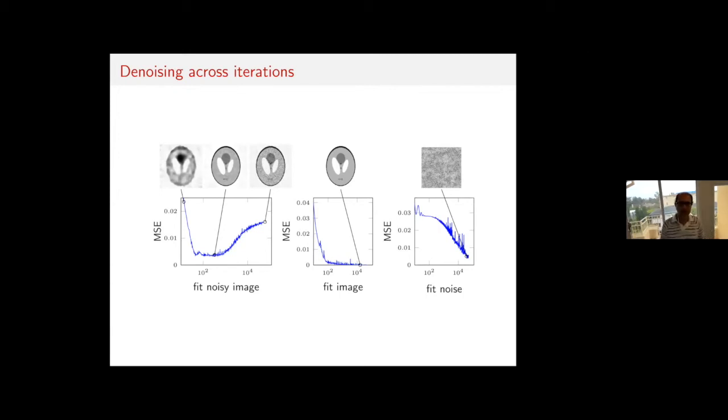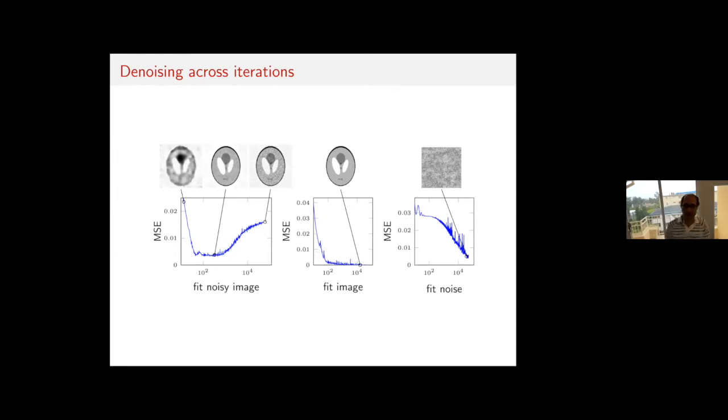Basically, you repeat this experiment with two different kinds of images. First, you look at a clean, noiseless natural image, like this Shepp-Logan phantom kind of thing. Then you can see that you fit the image very quickly, right?